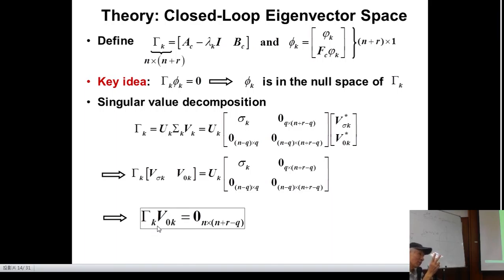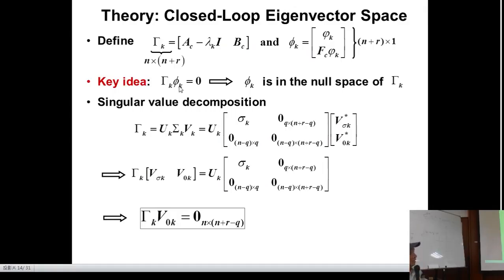You can have 2 columns, you may have 3 columns. In other words, your null space can be multiple dimensional. Your null space may not be only one dimension. So any vector in that null space can be chosen to be psi k. I will give you an example later soon.